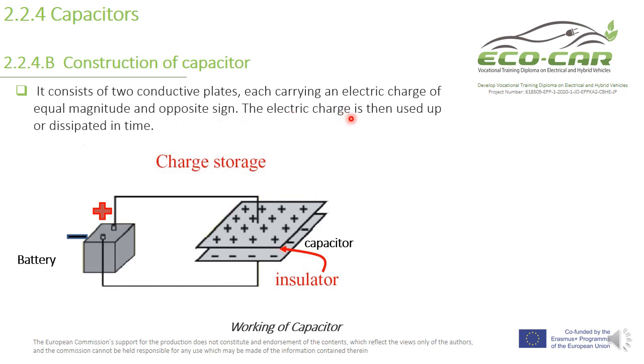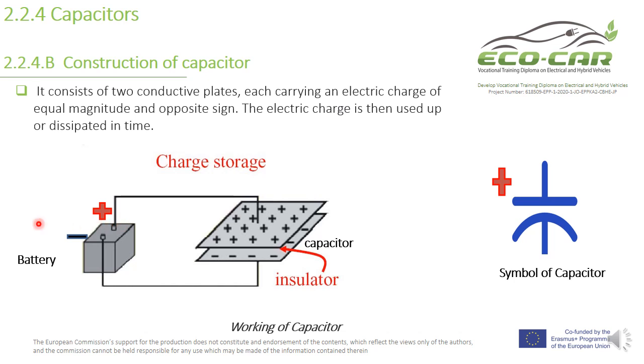The electric charge is then used up or dissipated in time. This plate goes to the positive part of the battery, and this is the negative part of the battery.